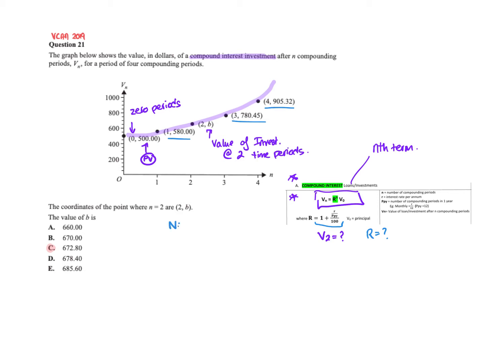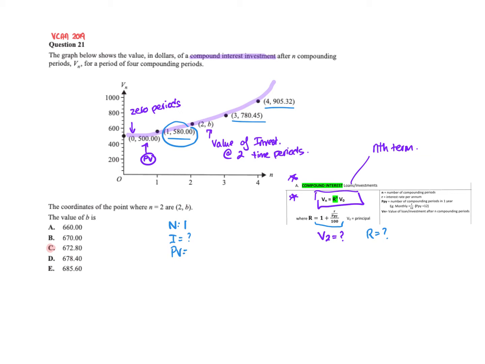So I'm going to pick this one here. N, I can see, was after one compounding period, yeah? And the interest rate is what I don't know.